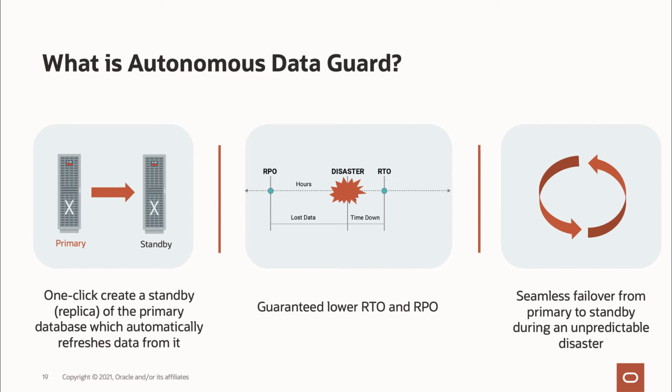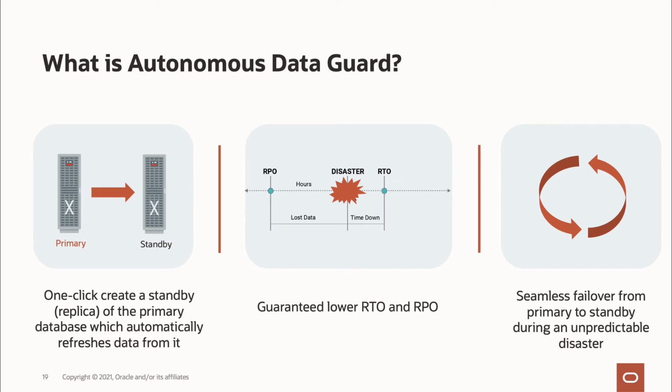So this standby database is basically kept ready and available to be swapped in place of the primary during an unplanned outage, which is also called a failover. So enabling standby databases with Autonomous Data Guard, as mentioned here, guarantees a better RPO and RTO on your autonomous database so as to meet your business's critical needs.